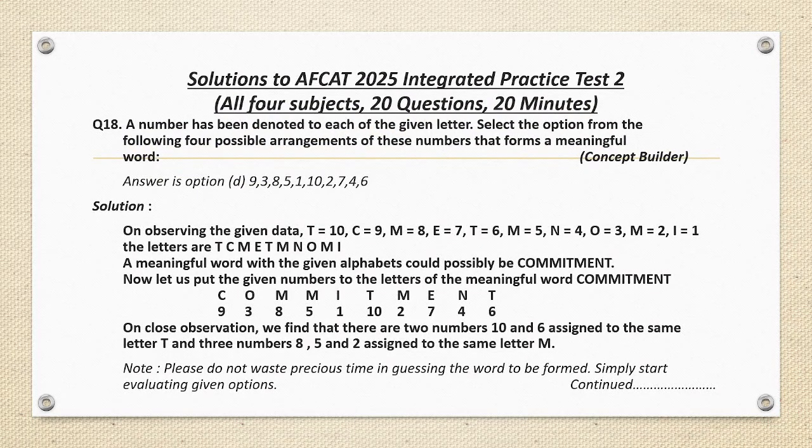Next, coding, decoding. A number has been denoted to each of the given letters. Select the option from the following 4 possible arrangements of these numbers that forms a meaningful word. Now, what is given? T, C, M, E, T, M, N, O, M, I. Using permutation and combination, we get that word to be COMMITMENT.